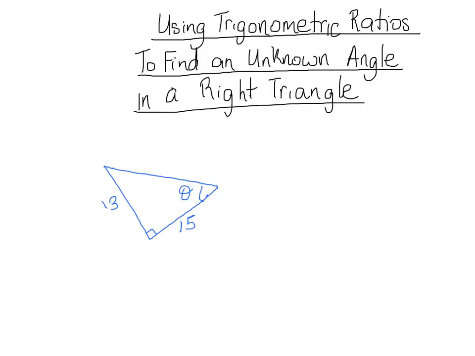So here we go. We have two sides, and now we're being asked to find an unknown angle. As I suggested before, you want to have that little device written here. So Sohcahtoa, again, totally need to know how to spell it or else it will not work for you. All right, so Sohcahtoa. And now we're going to just ask ourselves, what do we have?